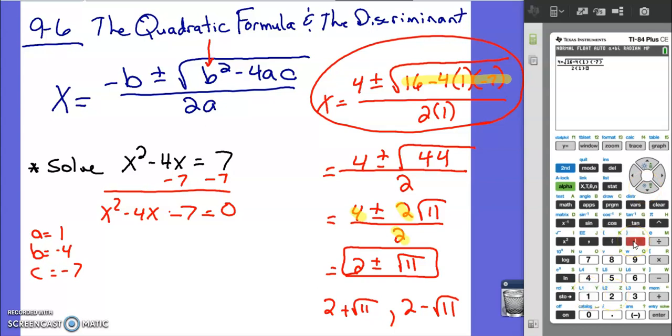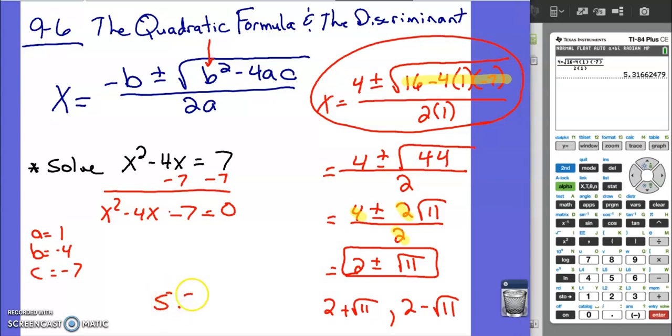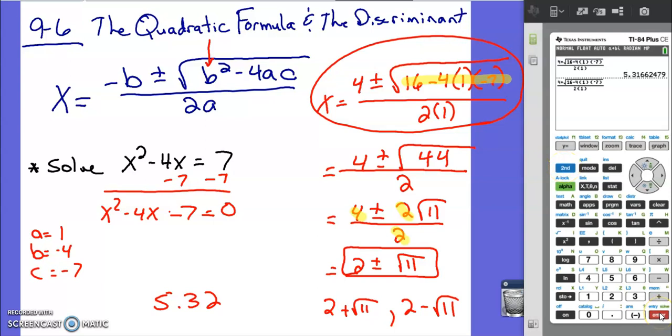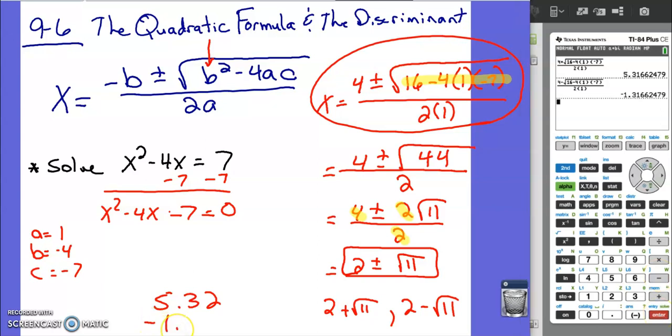So it looks exactly like what I have there, and then I'm going to press enter, and it's going to give you 5.32 if you round it to 2 decimal places. And then for the second entry, I'm going to basically copy paste it, and then backtrack and change that plus sign to a minus sign. And so the other decimal answer is negative 1.32. So these would be my decimal answers.